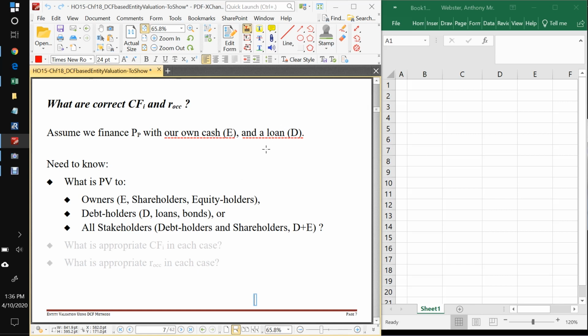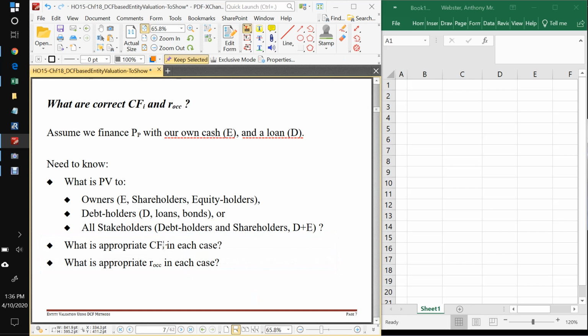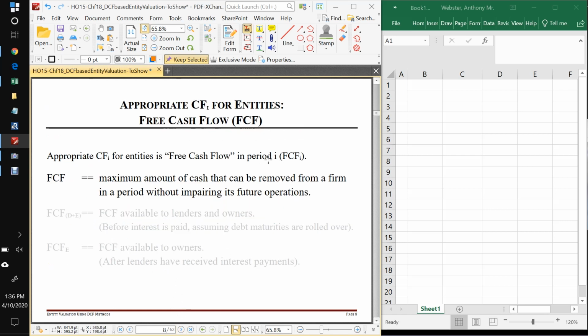We take out a loan or we could issue bonds to make this work, and also to all stakeholders, debt holders and shareholders. And for each of these cases, we need to know what are the appropriate cash flows to use and what is the appropriate opportunity cost of capital to use.